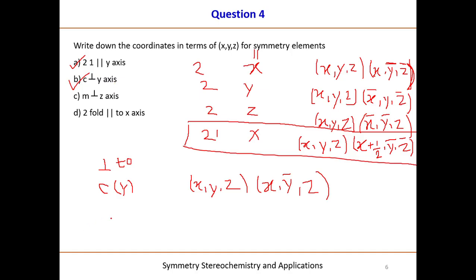So I will write here M, that is mirror plane, perpendicular to Z axis. So in terms of x, y, z coordinate, we will write here x, y, z, and x, y, and z bar. So this is the answer for the third sub question.